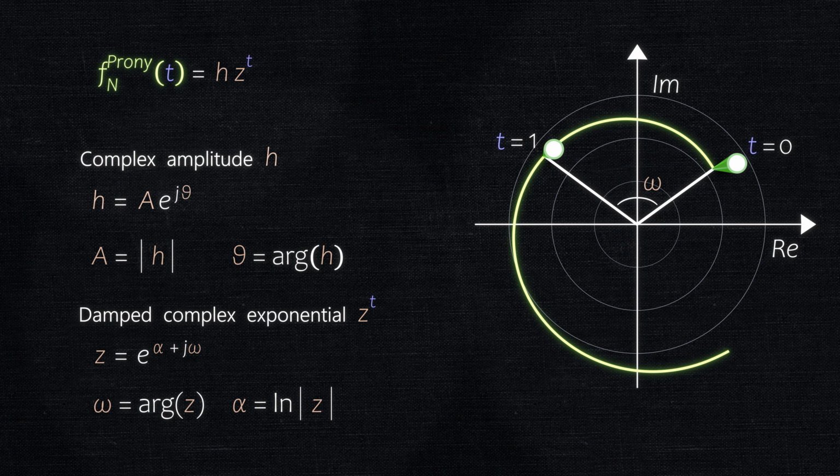These two complex points at t equals 0 and 1 define a unique pair h and z, which can be separated into four real values: a, theta, omega, and alpha. If we add one more term, it will require 4 points to define all parameters.